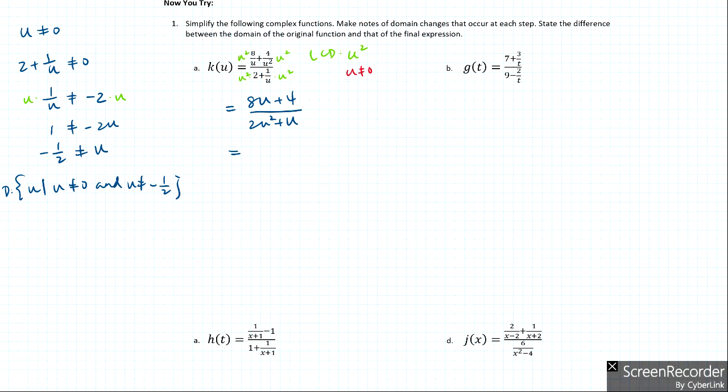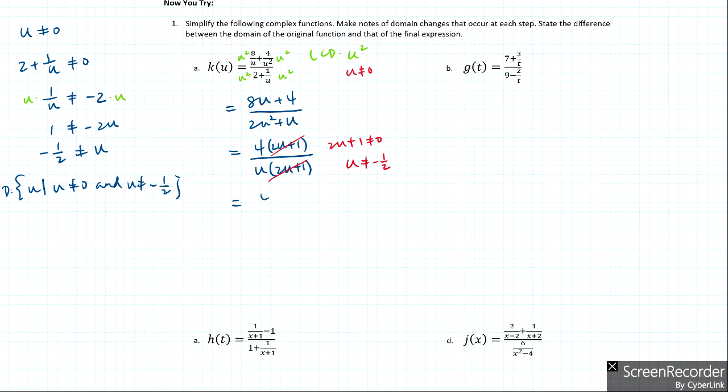And now, to factor out the GCF on top, it's 4. That leaves us 2u plus 1. On the bottom, GCF is u, leaving 2u plus 1 as well. Now if we go through the cancellation, in order for them to cancel, we rely on the fact 2u plus 1 doesn't equal 0. In other words, we can say u doesn't equal negative 1/2 is what we incorporated.